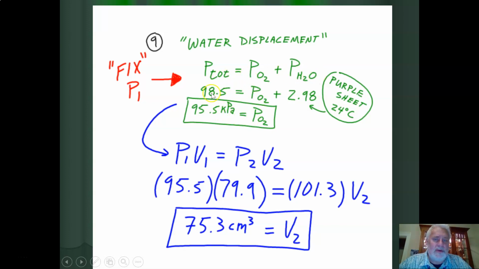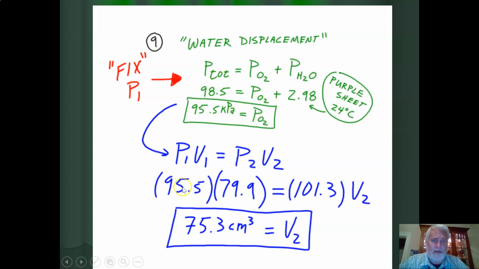Now, I'm going to treat this as a completely separate problem, like on the test. Because this is a Dalton's law problem, and this down here is a Boyle's law problem. So at this point, we have fixed P1. Then you can write down here in blue, P1V1 equals P2V2. We did a whole nice, beautiful worksheet on that on the template.